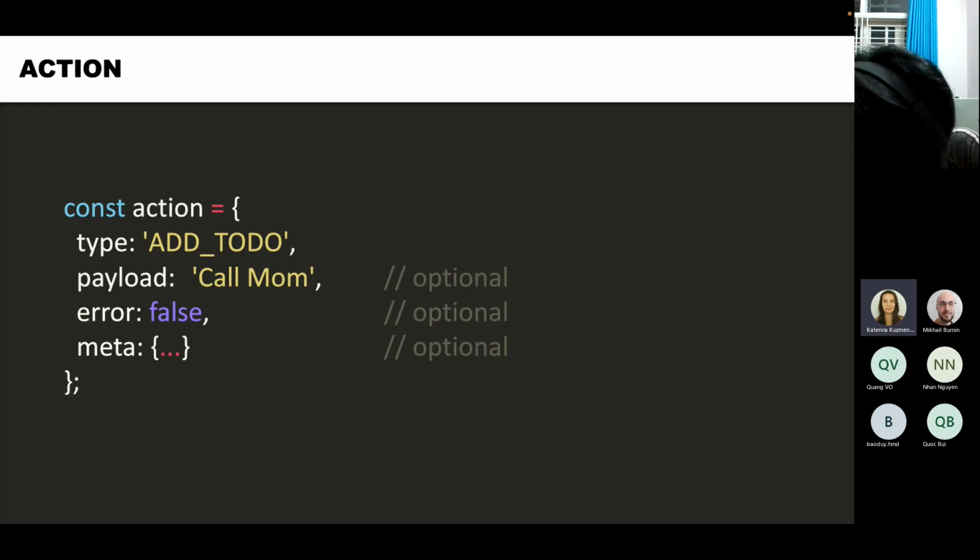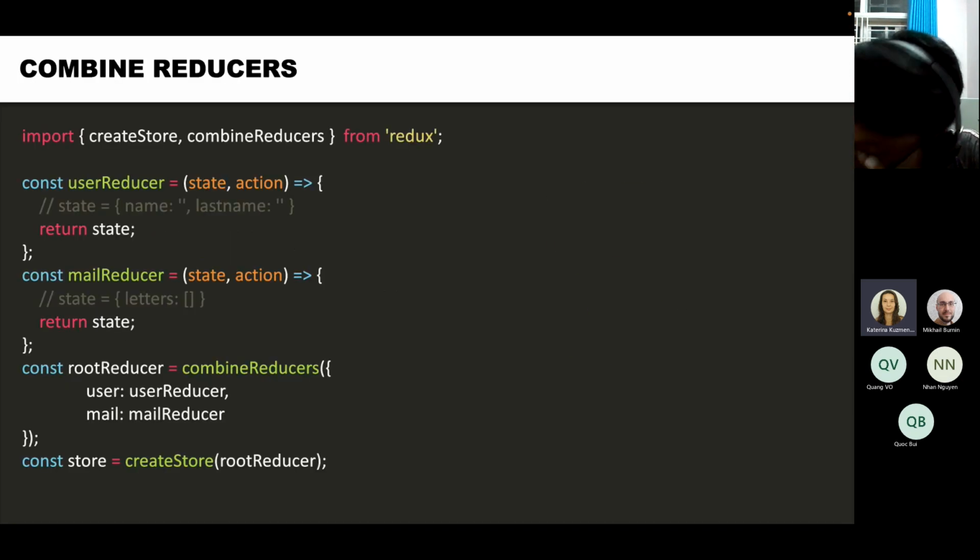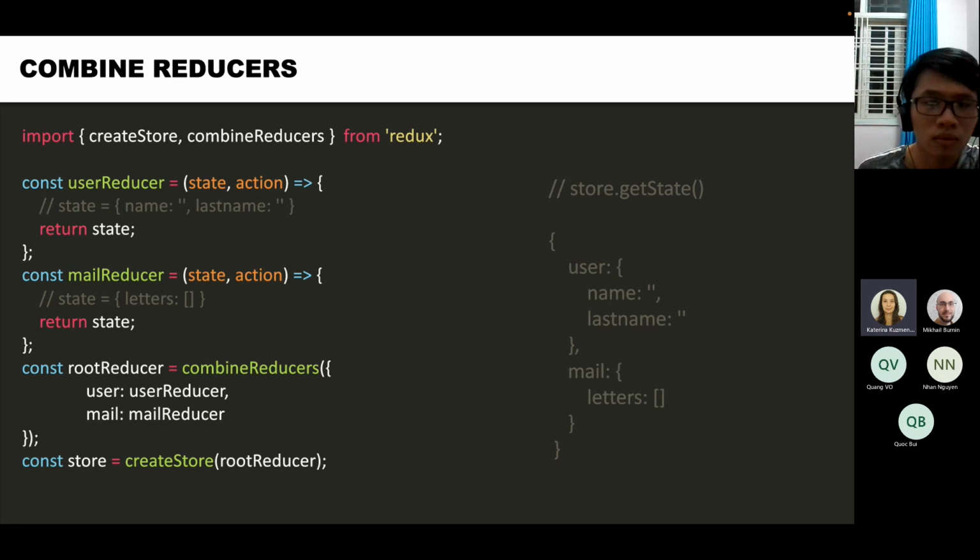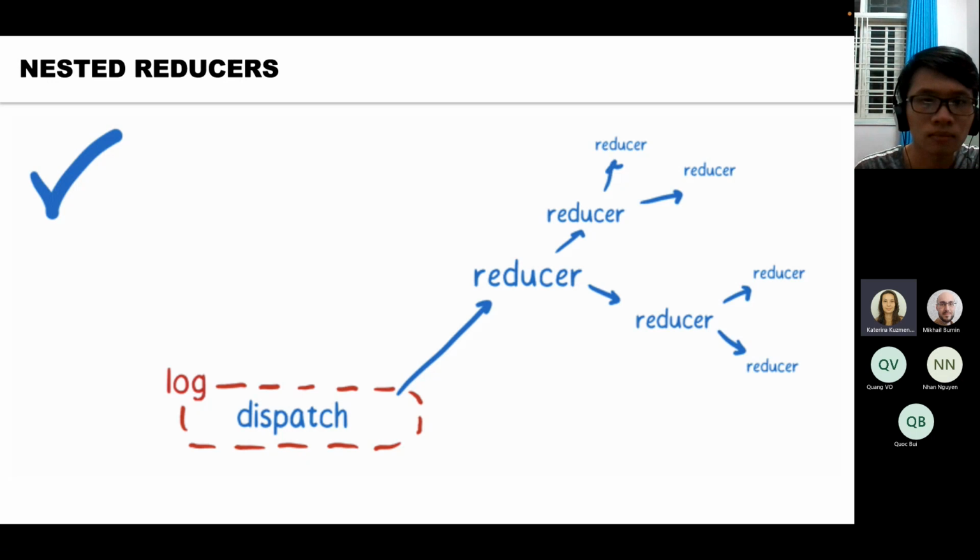If we have many reducers involved, only one might be used as a root reducer, so we might consider those reducers as separate features.